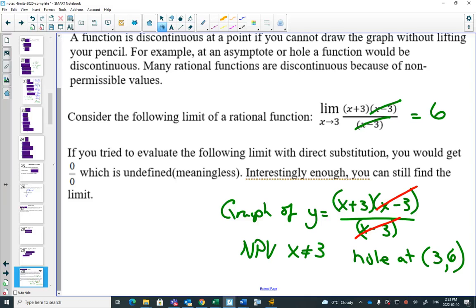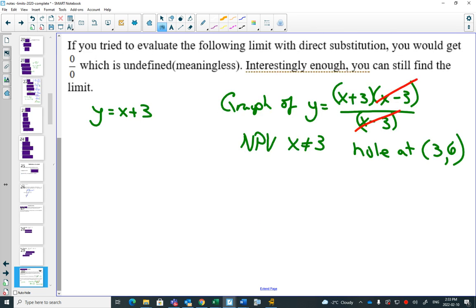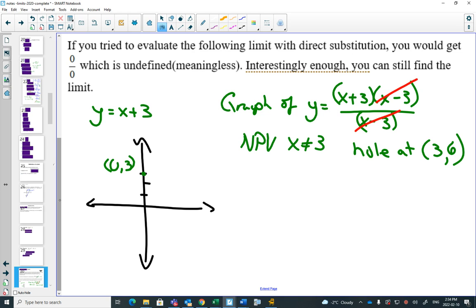Then if I wanted to graph this, after it's simplified, I just have this equation, which is y equals x plus 3. And that's a straight line. You're pretty good at graphing straight lines. Well, this straight line would have a y-intercept of 3. It has a hole at 3 comma 6.